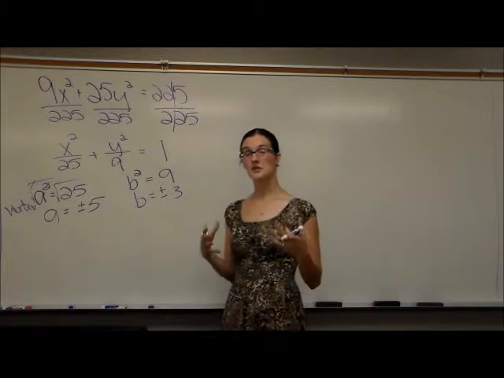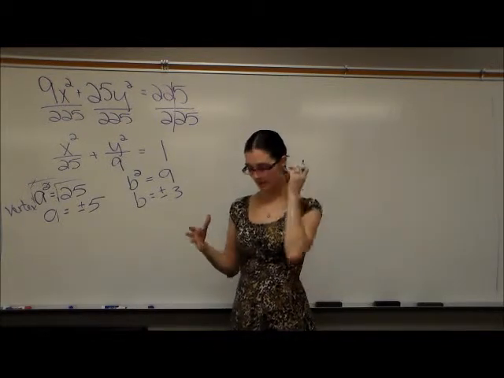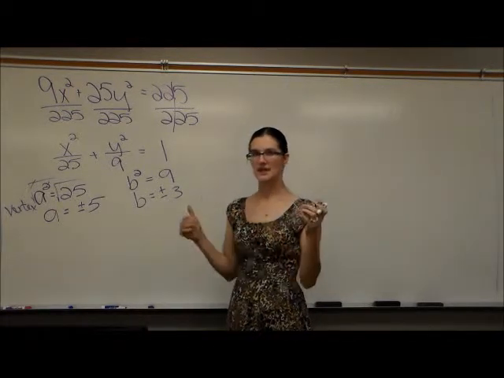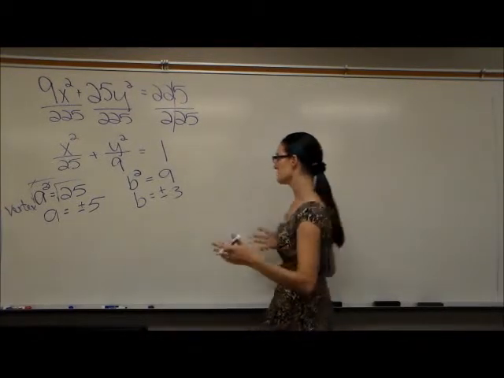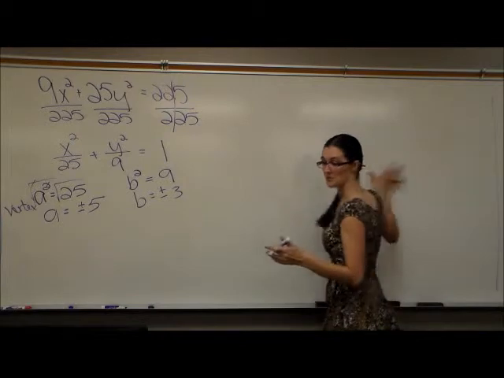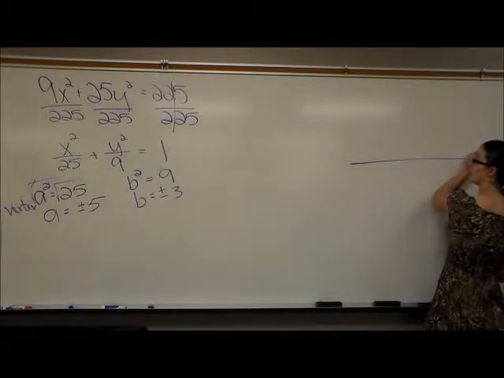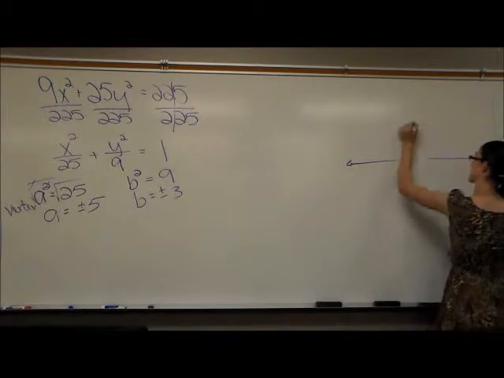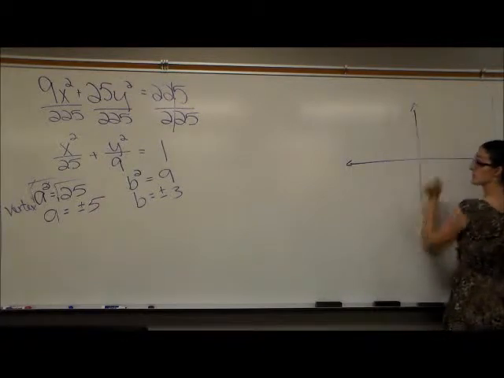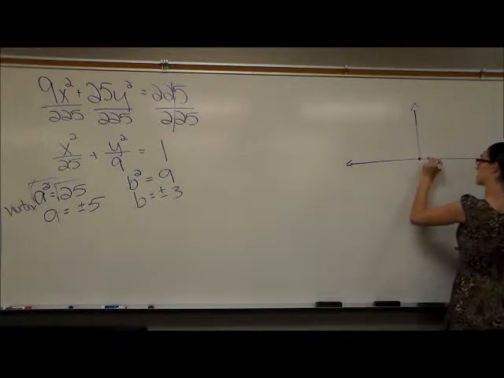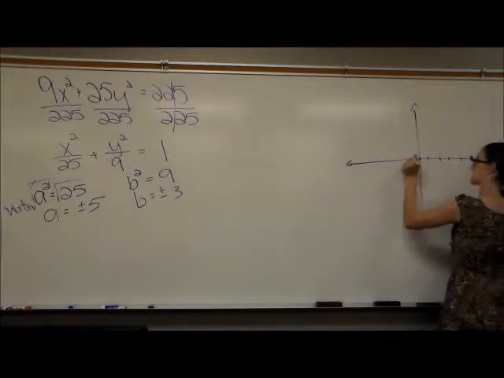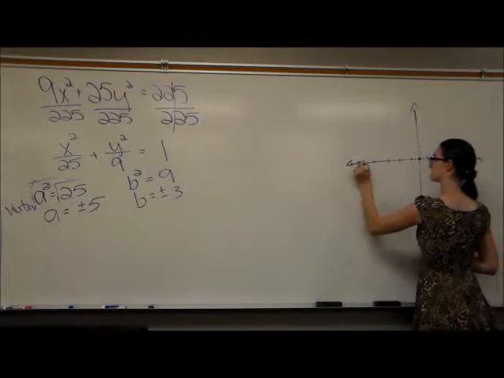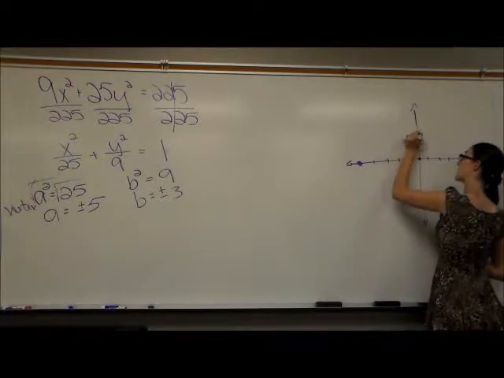Okay. Unfortunately, an ellipse is not as simple as just finding the 4 points, because then you have all sorts of shapes you could make. We know, I'll put my graph over here, that your major axis is the x-axis. So we're going to go from our center 5 each way to get our vertexes, and 3 up and 3 down.